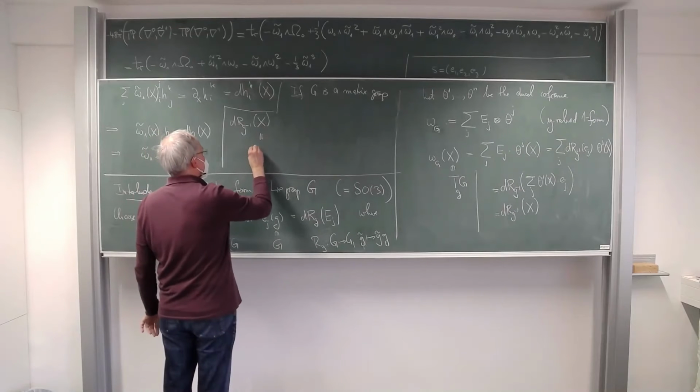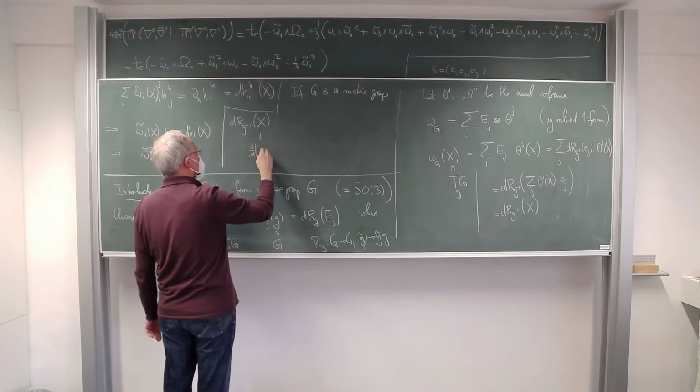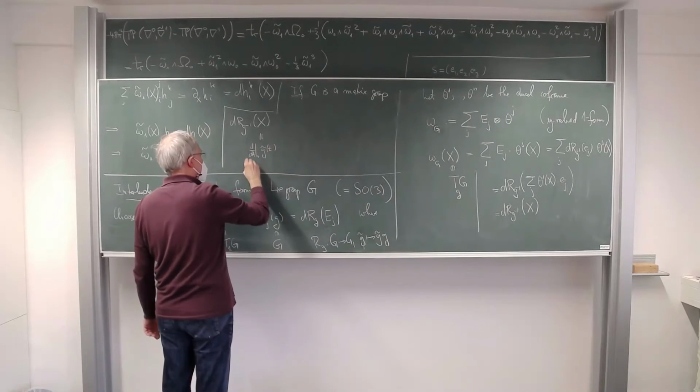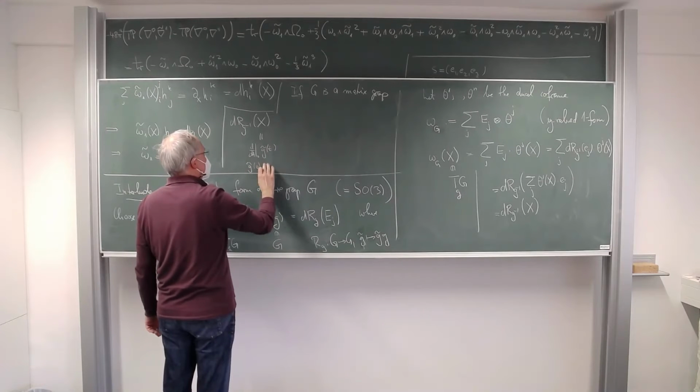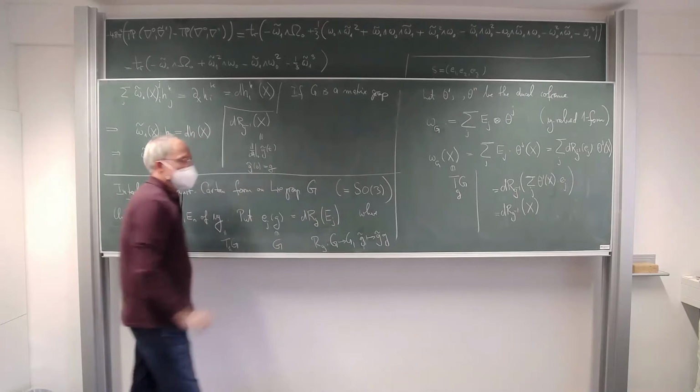So this can be written as the derivative of a curve, which let me call g tilde of t, such that g tilde of 0 is equal to g.